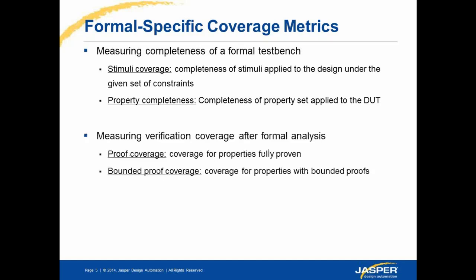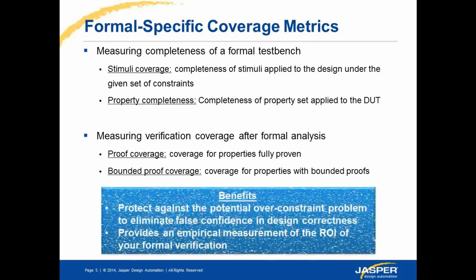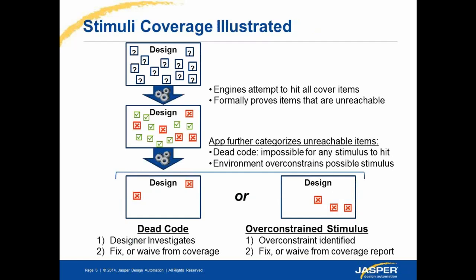And how much formal verification have I done so far? You can use proof coverage or bounded proof coverage to assess the amount of formal verification you have done on your RTL so far. And these metrics will be the focus of my presentation today. Jumping into the first one, stimuli coverage.